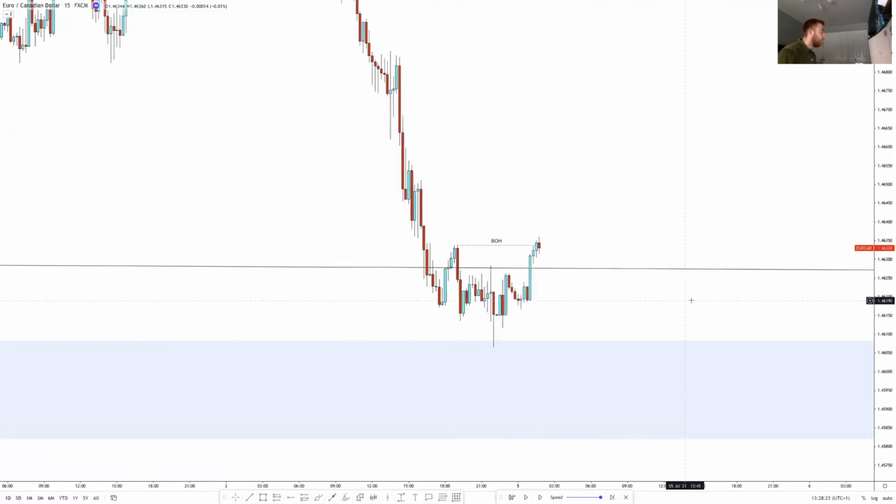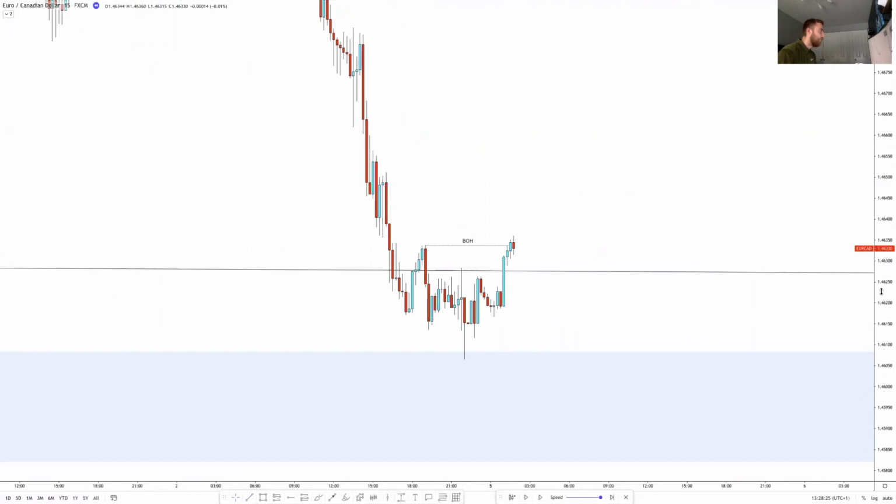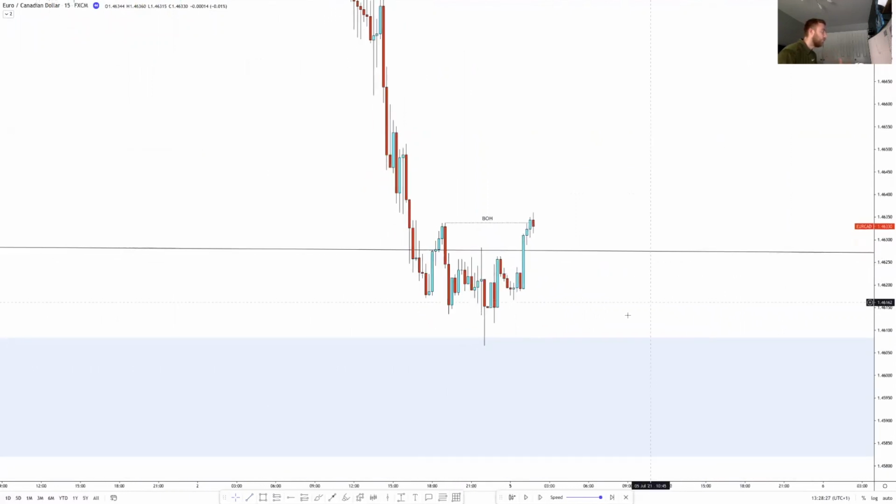Now, there's a few levels again that we can focus on here in order to take a trade. We can see here that we had a push, we had a pullback. So this is our last bearish candle that created that break of structure. Or we can focus on the more extreme, which we could argue is this big bearish candle here with the wick to the downside.